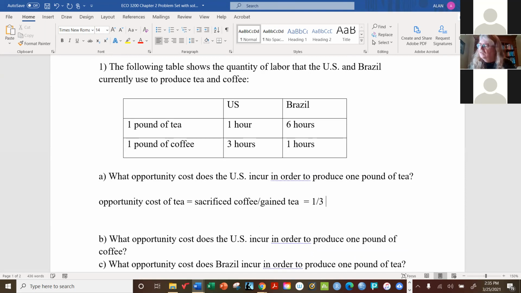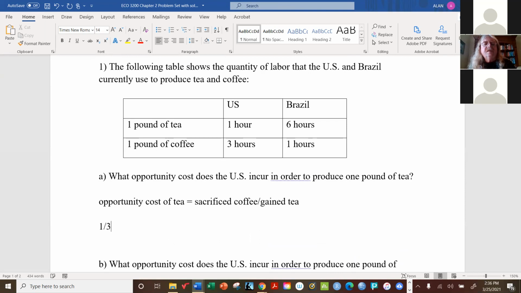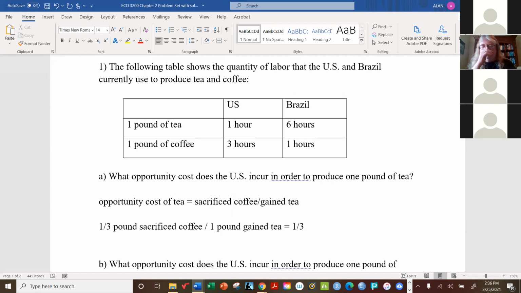So hold on one second. Let's move it down here. 1/3 pound sacrificed coffee divided by 1 pound gained tea equals 1/3. Okay. Or you can think of it as 1/3 of a pound of coffee being given up for every pound of tea that we make.